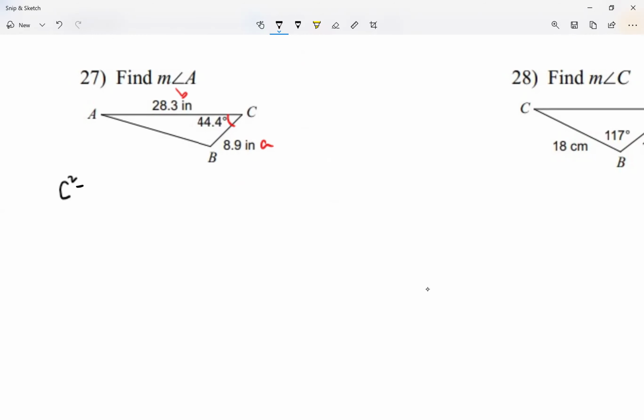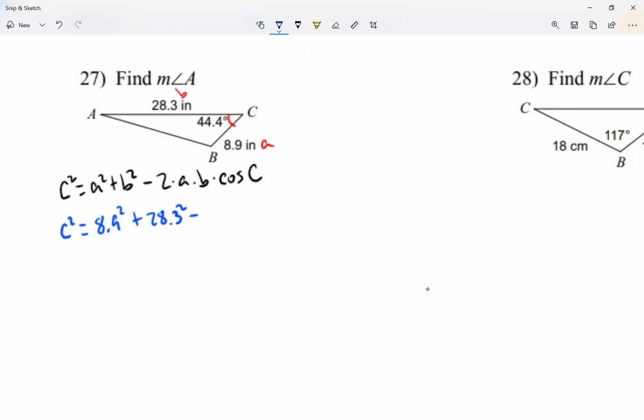It's c squared equal to a squared plus b squared minus 2 times a times b times cosine of C. So that's going to give me c squared equal to 8.9 squared plus 28.3 squared minus 2 times 8.9 times 28.3 times cosine of 44.4.